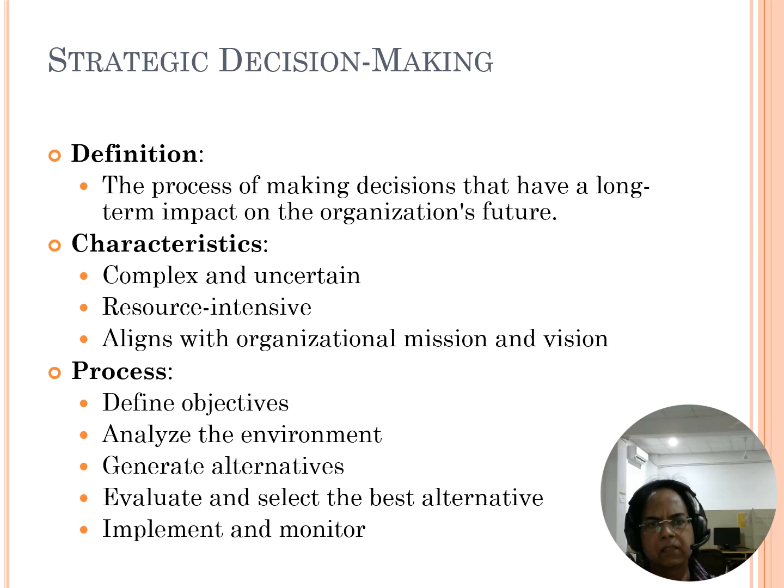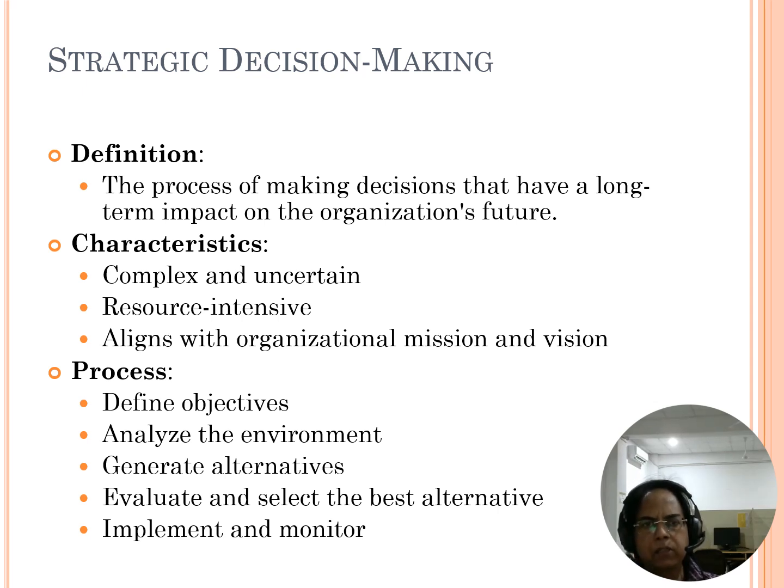That is a strategic decision, and its characteristics are that it is very complex in nature. There is uncertainty, we require resources, and we should align with the organization's mission and vision.